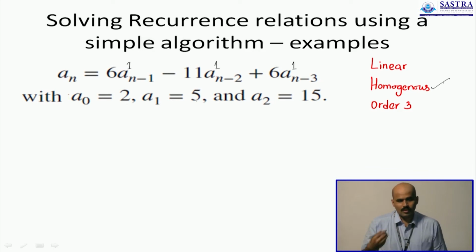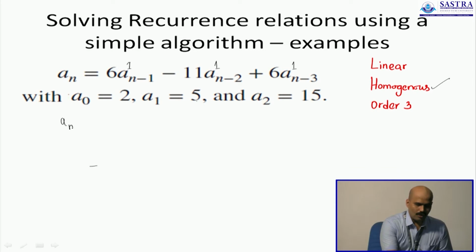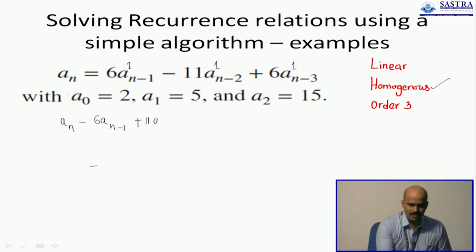To see for yourself that it is in fact homogeneous, write all terms of the sequence on one side of the expression, and it will be very obvious that it is a homogeneous relation.